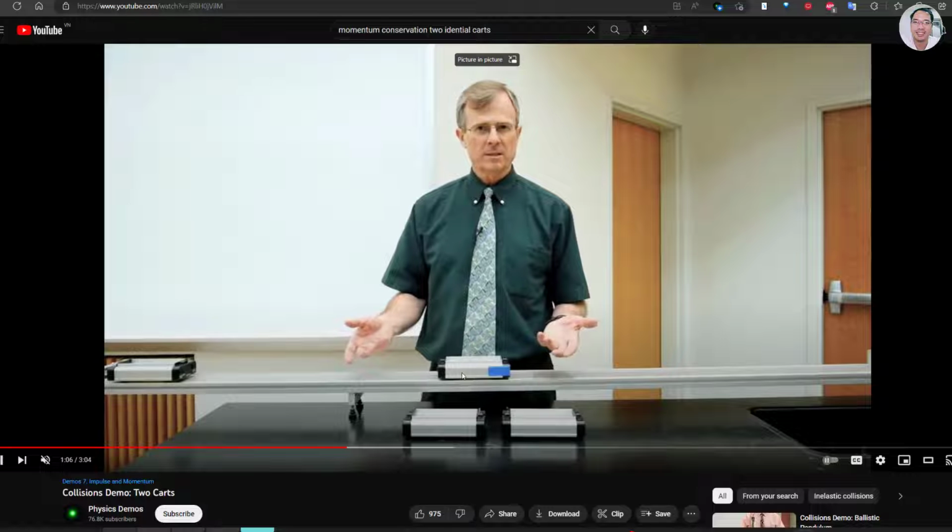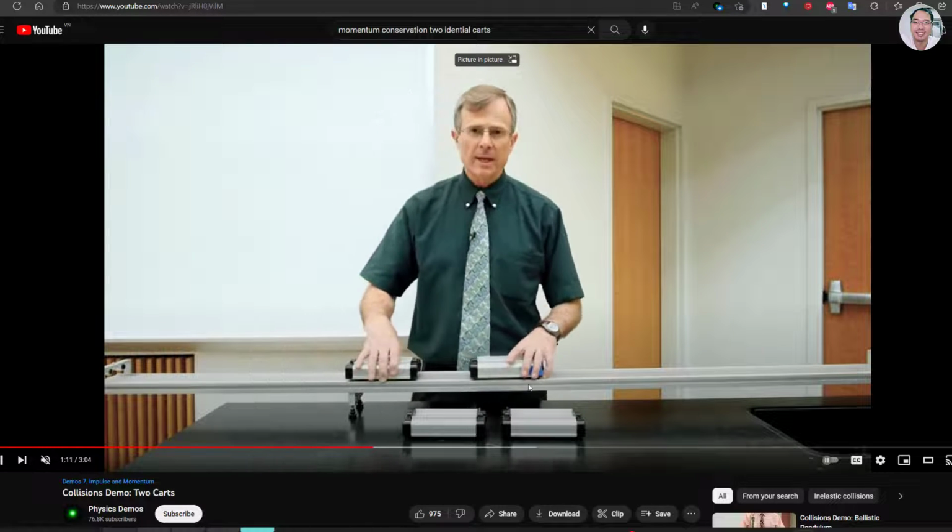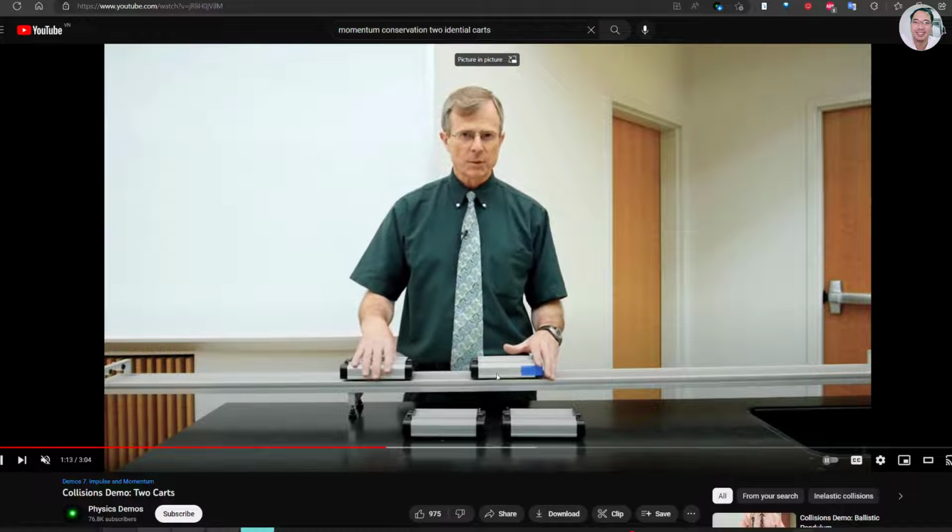We place one card at one position and use our hand, of course, to push another card toward the stationary card.